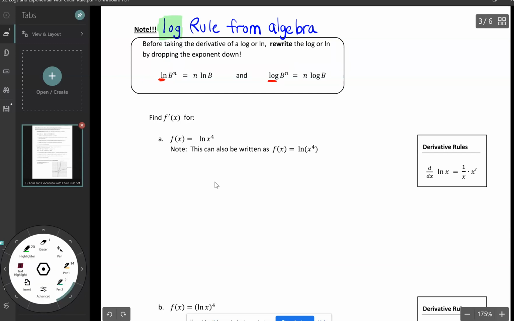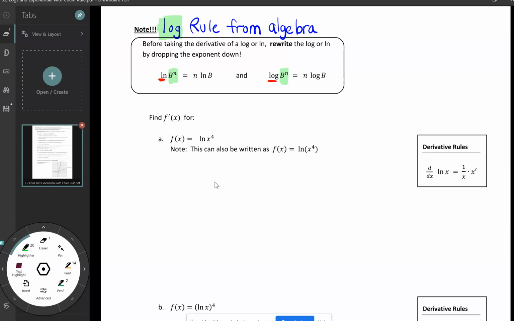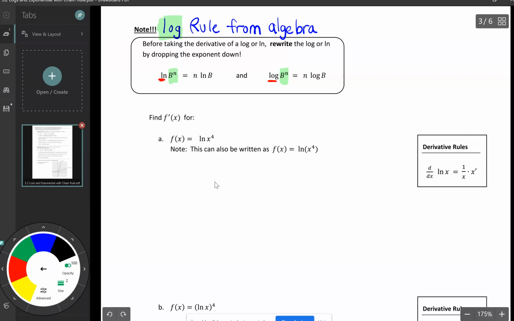But if you're taking the log of a base that has an exponent on it, so if the argument involves a base with an exponent on it, okay, in any form, what the rule tells us we can do is we can rewrite the log by dropping the exponent in front of the log. So we write the exponent in front of the log, and then you would just rewrite the log with the base there. So this is just algebra.